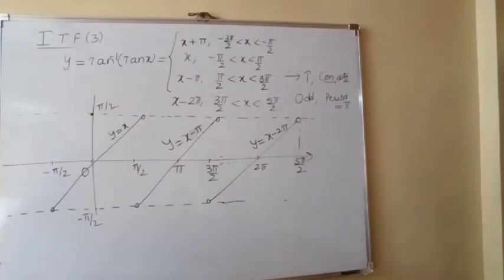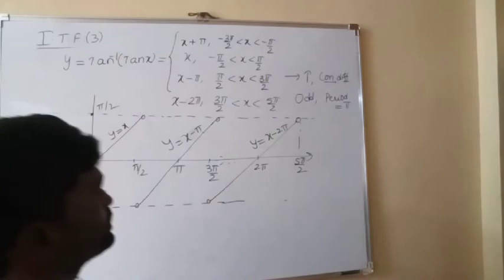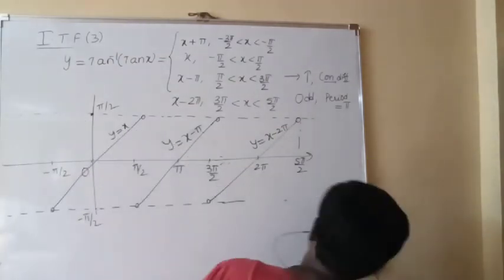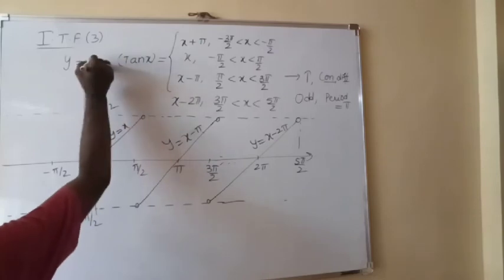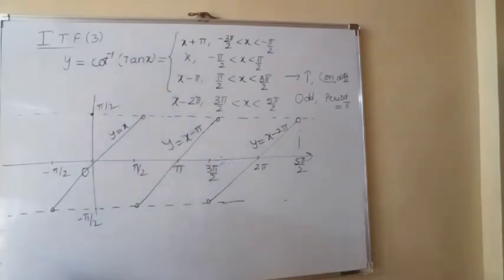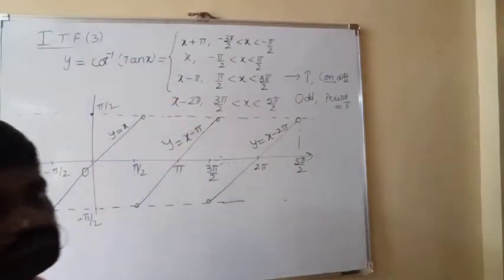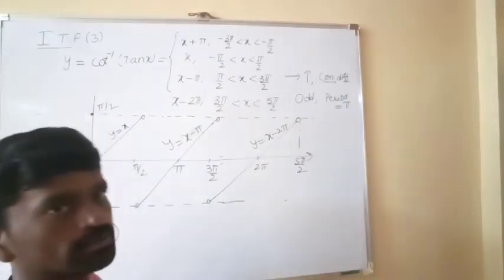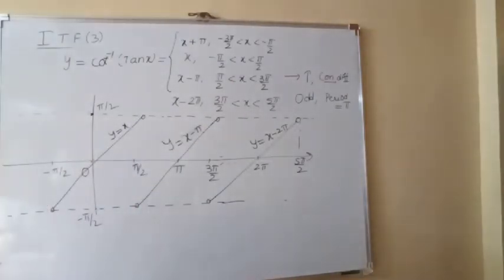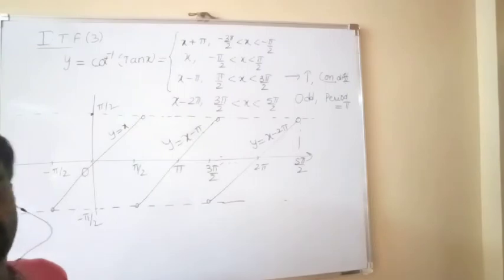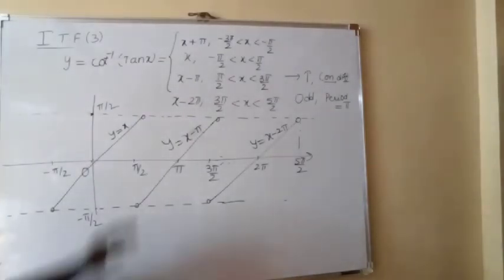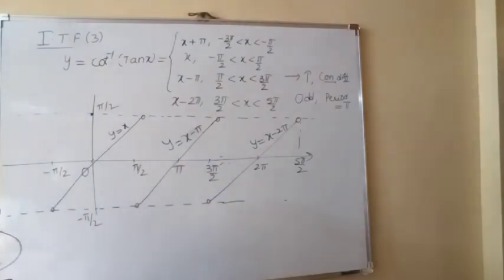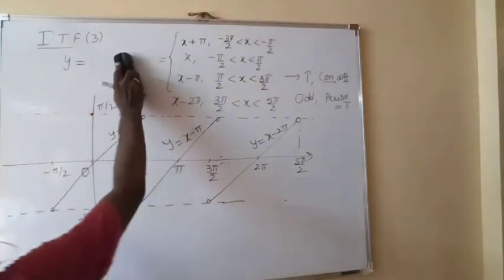And the last function, cot inverse of cot x function. So cot inverse of cot x is also increasing, continuous, differentiable, but it is neither even nor odd function, and its period is pi.